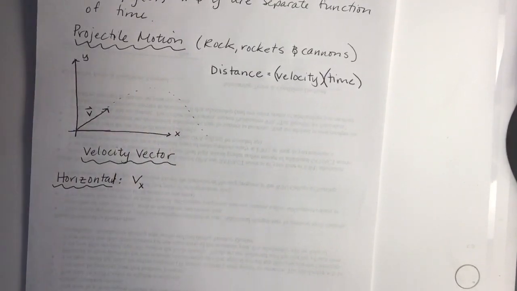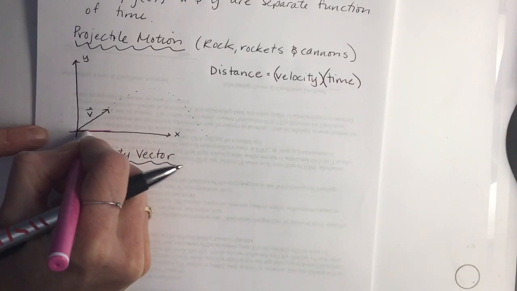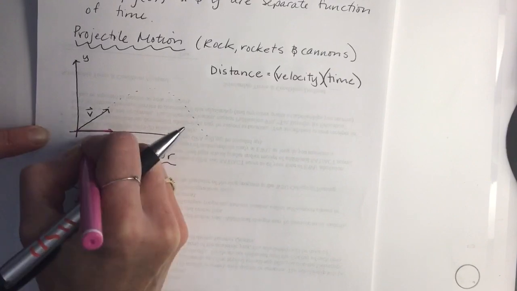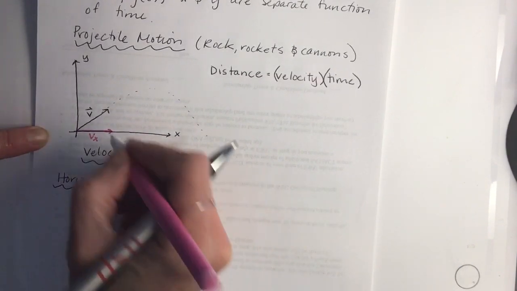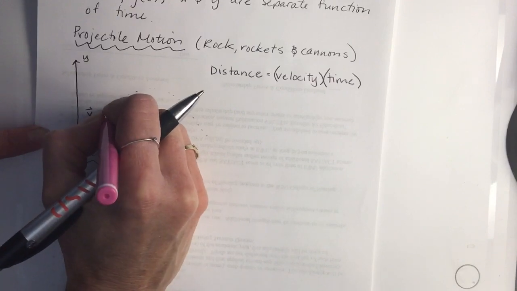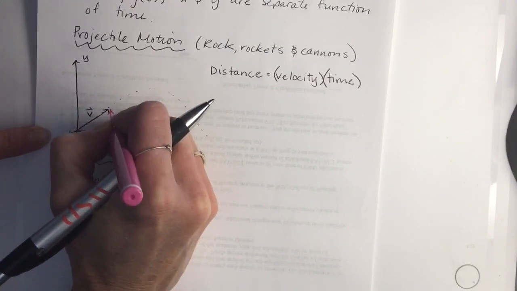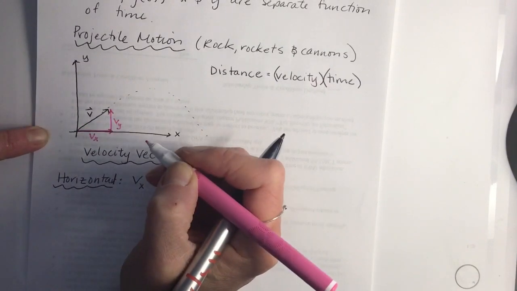The purple pen does not work very good. Let's try the pink pen. Okay, there, pink pen. So this piece is the horizontal, right? The x direction. And then this piece is going in the vertical. So this is our v sub y.